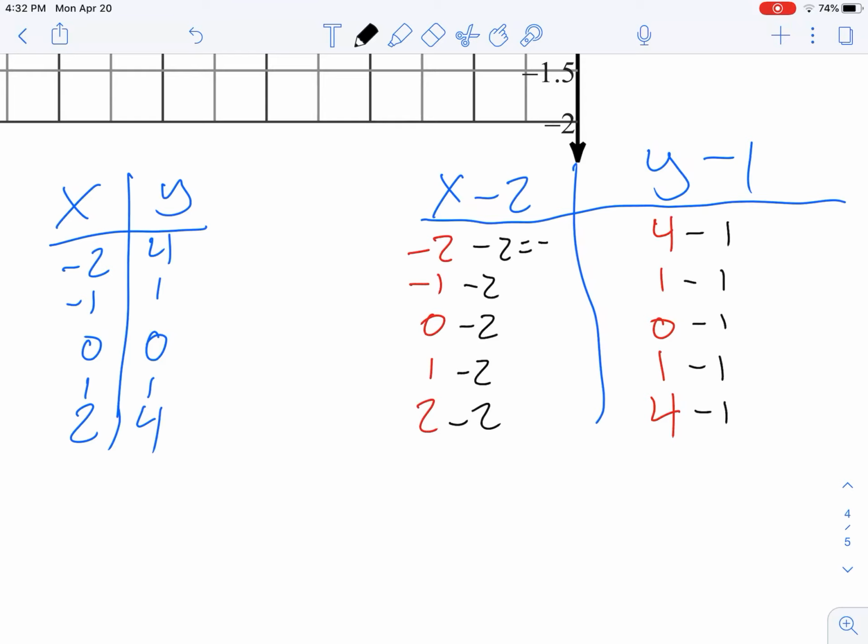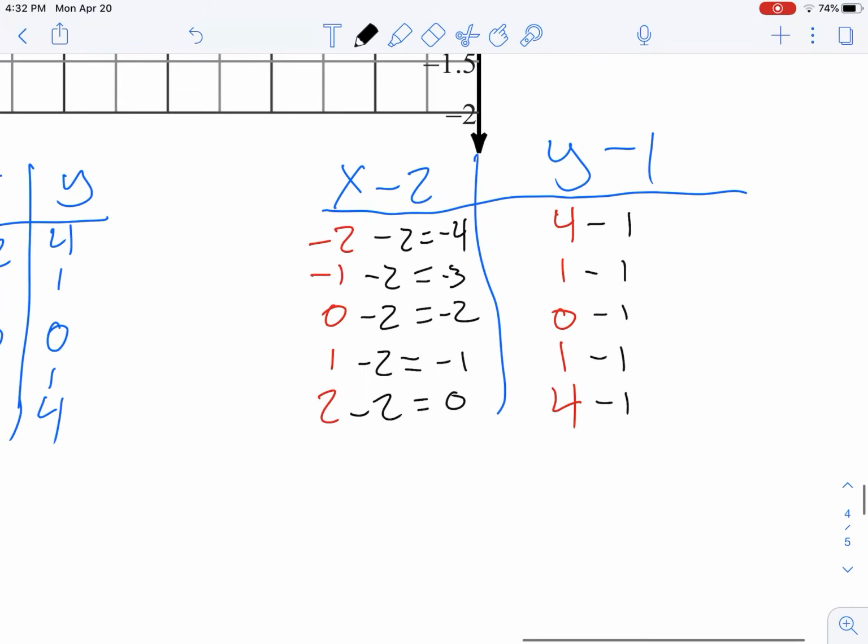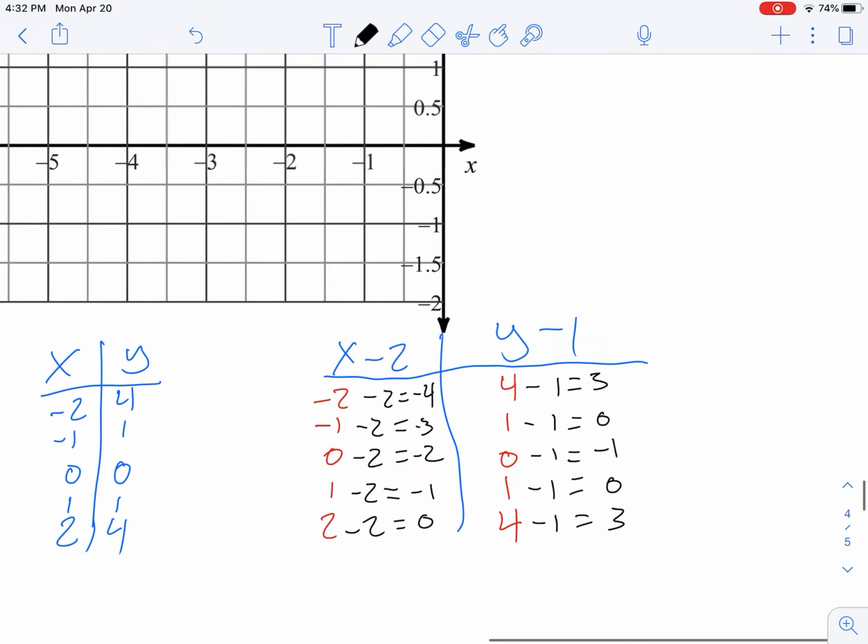So this should give us -4, -3, -2, -1, 0. So those are my x values there. 4 minus 1 is 3. 1 minus 1 is 0. -1, 0, 3.